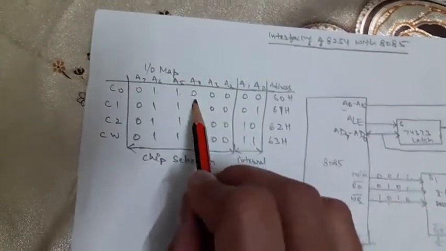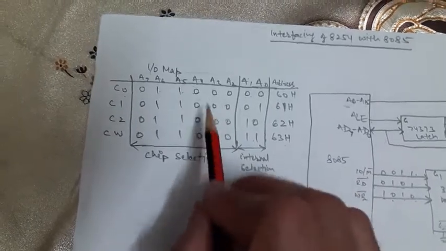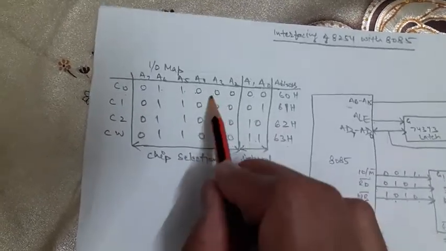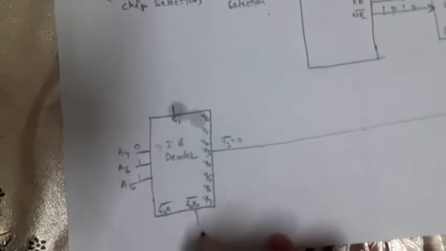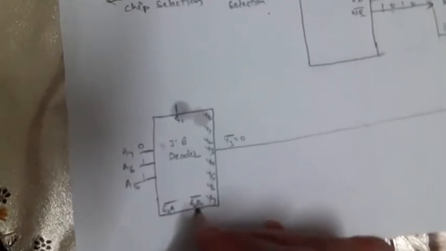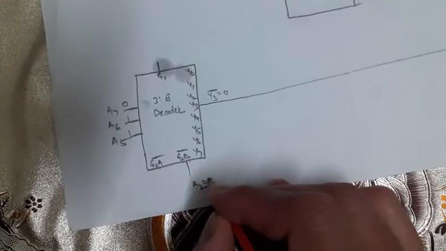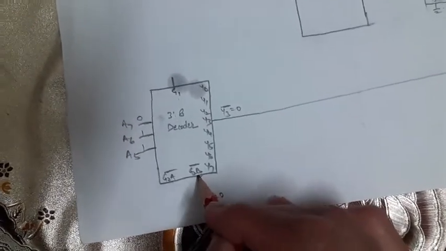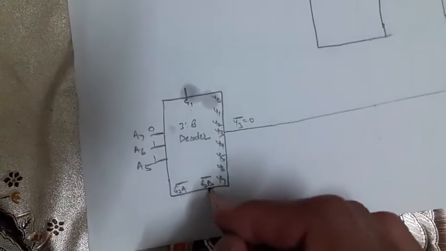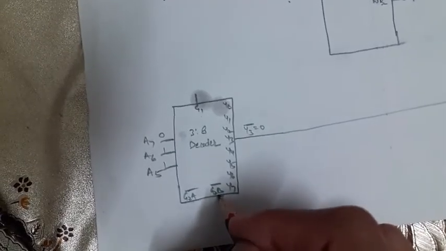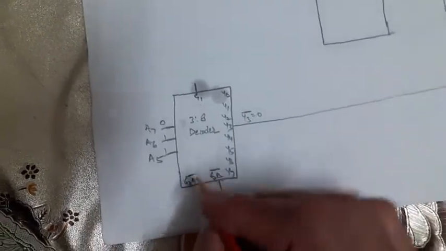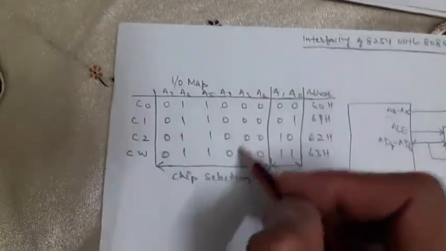For the addresses which I have taken as an example, these bits are 0, 0 0 0 for all these four addresses. So we can directly connect A2 to this G2B bar, because the value of A2 is 0, so this 0 will go here and allow this decoder to work. We also need to connect some signals to this G2A bar, so we can connect A4 and A3, which have the value 0 0.